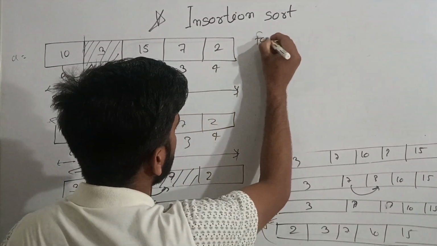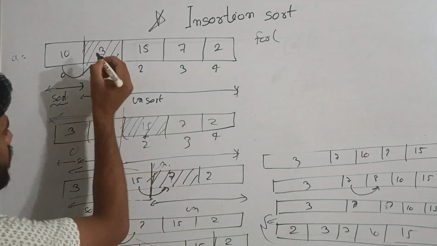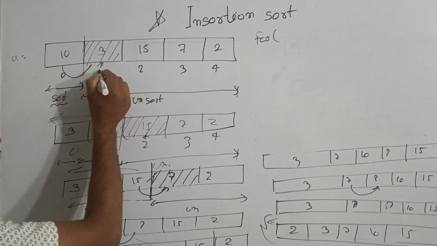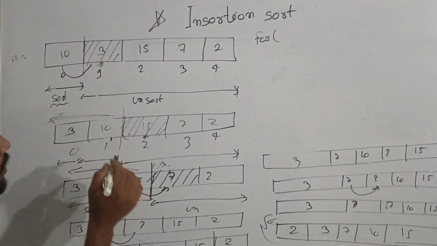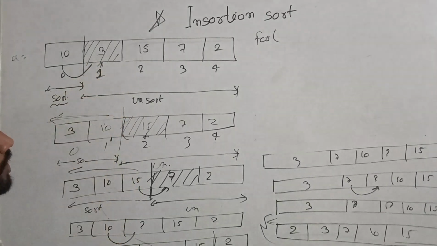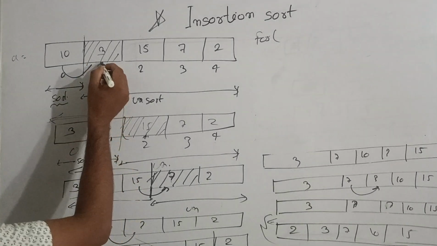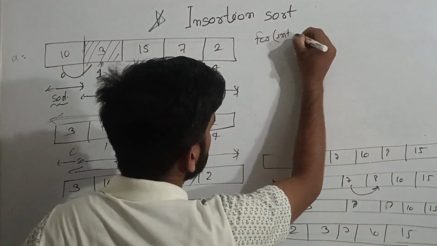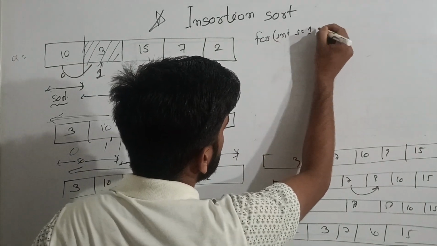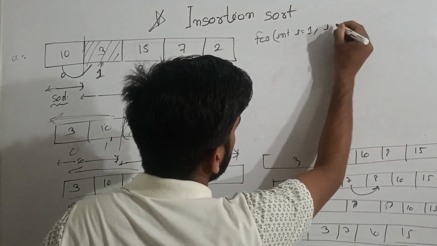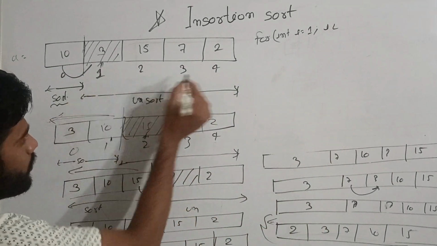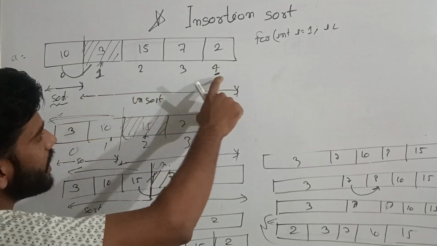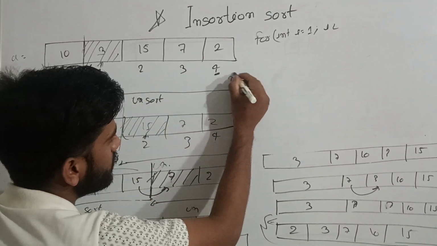Now we have stored from index 1, so the loop will start from index 1. Now int i is equal to 1, and i goes up to the size of the array n.